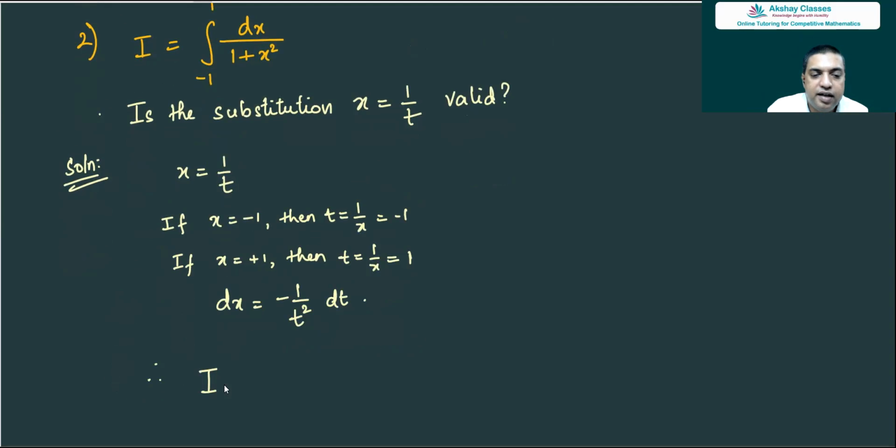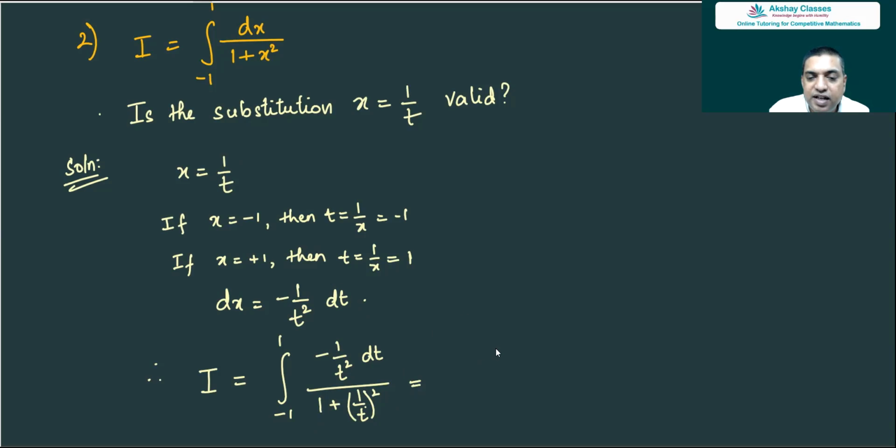Therefore, I is integral, I'm writing from minus 1 to 1, dx is minus 1 upon t square dt by 1 plus 1 by t the whole square, because x I replace by 1 by t, so I get 1 by t whole square.